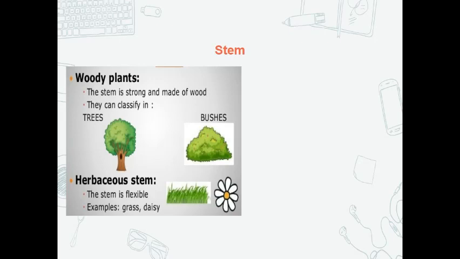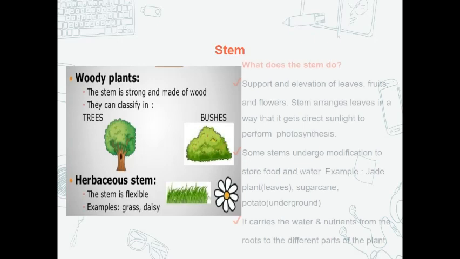They have a very weak stem system. Have you seen any creepers near your house? Yes, I have seen the money plant, the sunrose, and the jasmine and the pumpkin plant. All these are also examples of creepers and climbers.